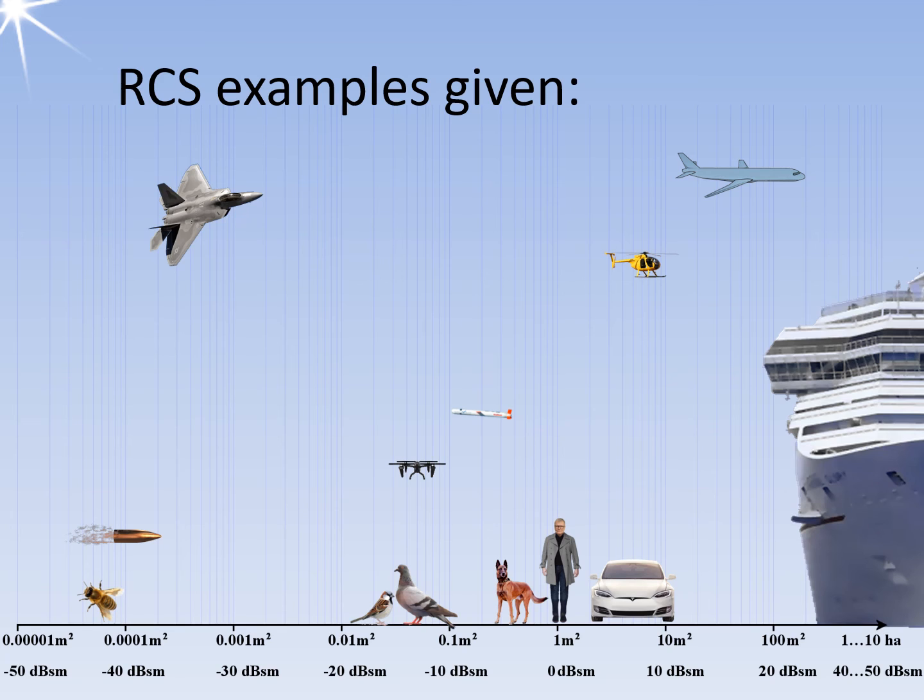The smallest objects detected by radar are flying insects, for example, a honeybee with -45 to -40 dBsm. Sensitive radar sets are mortar radars. An artillery shell has a radar cross-section of -40 to -35 dBsm.